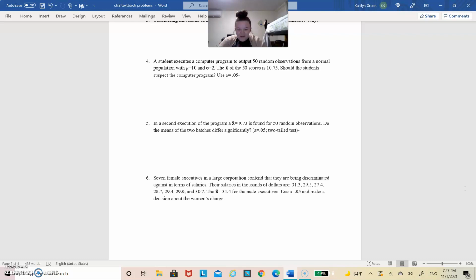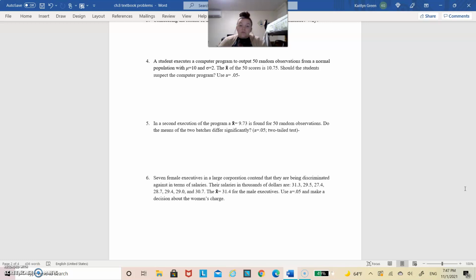Now we're on to number 5. It says that in a second execution of the program, x bar is now 9.73. And it asks, do the means of the two batches differ significantly? So as I mentioned before, I got a sigma of x bar 1 minus x bar 2 to be 0.4.